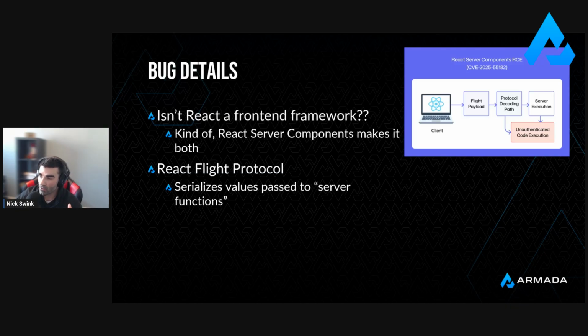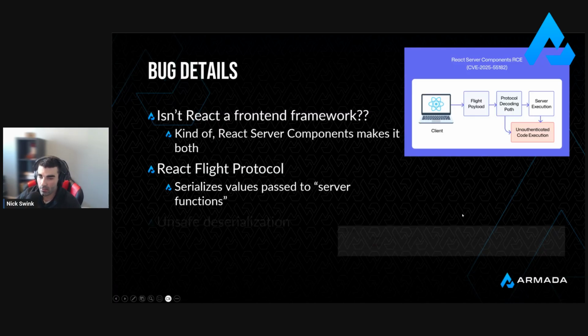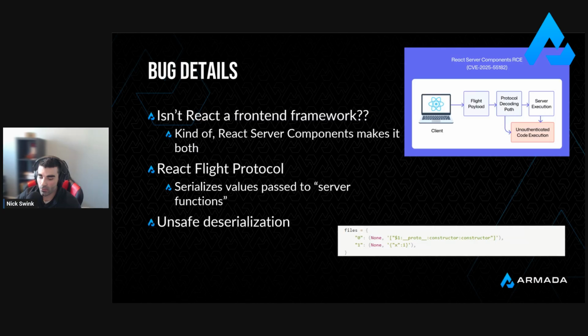And so the vulnerability was that the deserialization of these values passed from front end to back end for server functions was not properly verifying that the requested key was set on an object. So it basically led to a situation where you could do prototype pollution in JavaScript, which is where you reference the proto object of an object. And this gets very JavaScript-y.